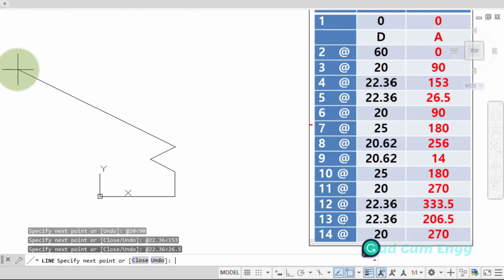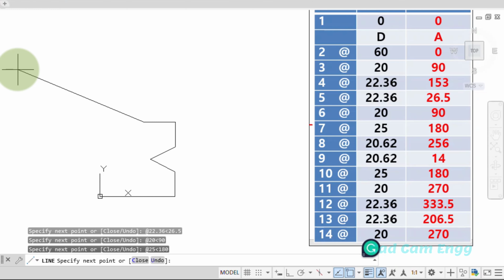Next, point number 6, @ the distance is 20, less than symbol, the angle is 90. Again, another point, @ the distance is 25, less than symbol, the angle is 180.